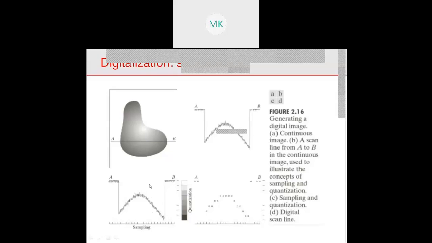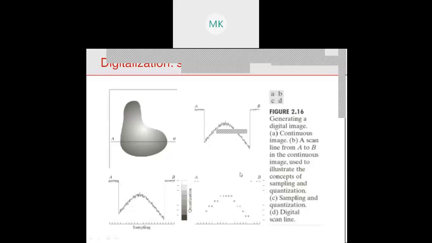I'm going to give some example for quantization and sampling on a digital image. We want to consider this line segment and perform the sampling and quantization of this image. First we need to apply equally spaced samples along the line AB. Next, squares imposed on the samples are shown as small black and white squares superimposed on the function.